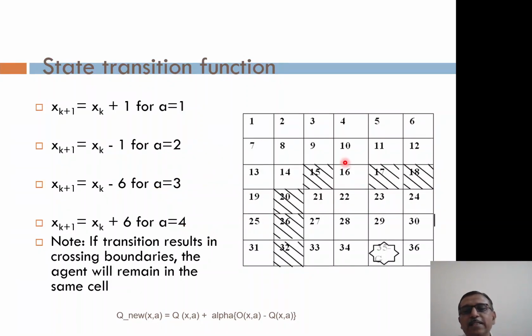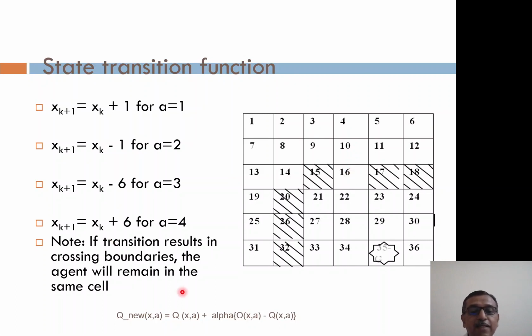Let us consider a general state here, 10. If I am in 10 and the action is 1, I will move to 11. If I am in 10 and the action is left, I will move to 9. If I am in 10 and the action is 3, I will move to 4. If I am in 10 and the action is 4, I will move to 16.